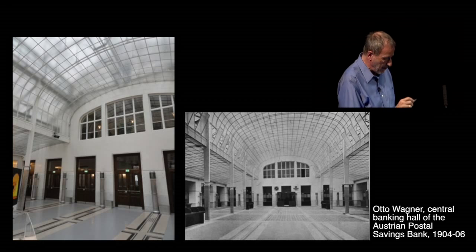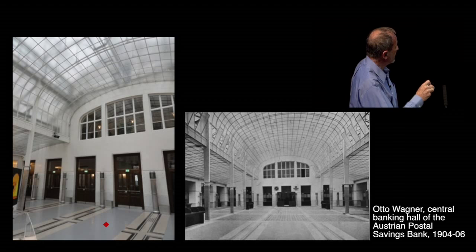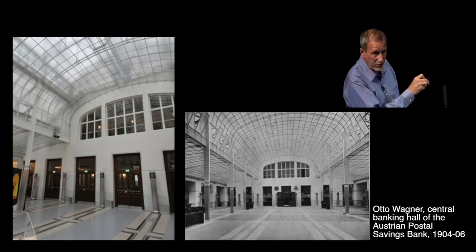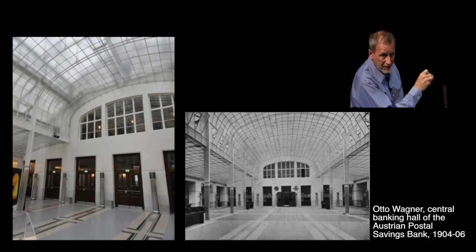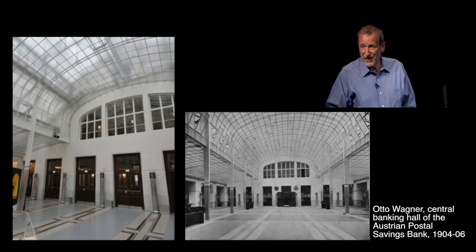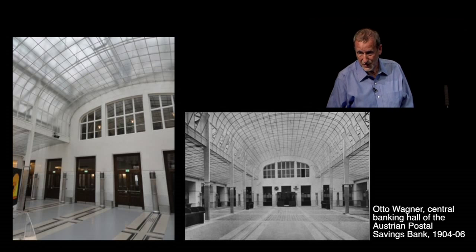For example, here, I'm always fascinated. It's like a runner made out of aluminum. So he could have framed the runner, but he runs it through the grid of the floor, which is terrazzo.